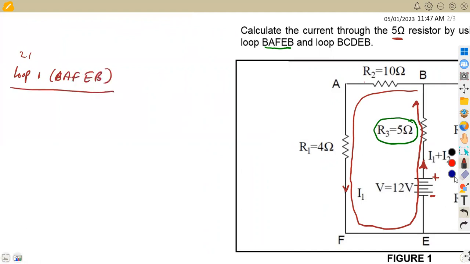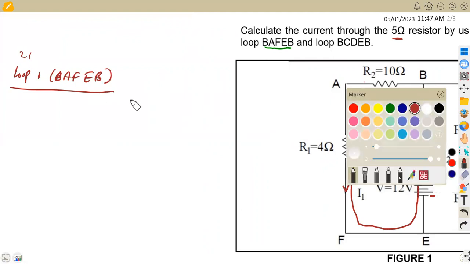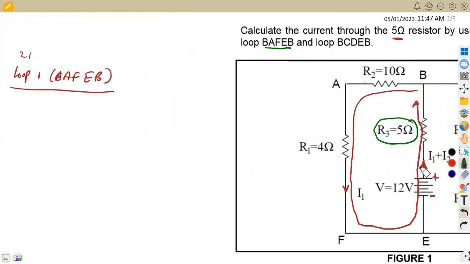According to this loop, remember from Kirchhoff's law, the voltage source, which is this V, is equivalent to the voltage drops in this closed loop that we have. From B to point A to point F to point E, we have the same current flowing, which is I1.